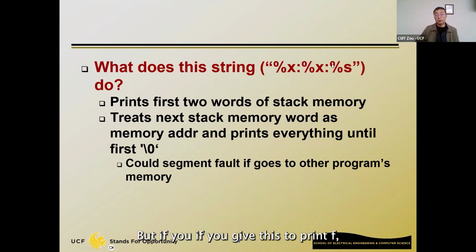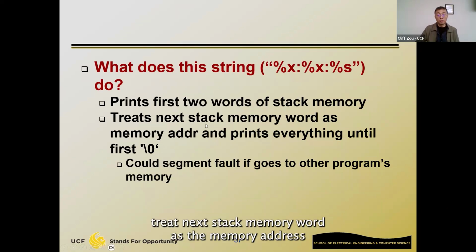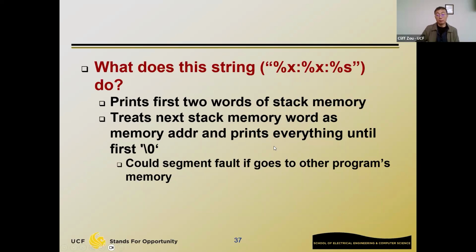But if there's no variable after this control string, then printf will treat the next stack memory word as a memory address and print everything until the first value 0.